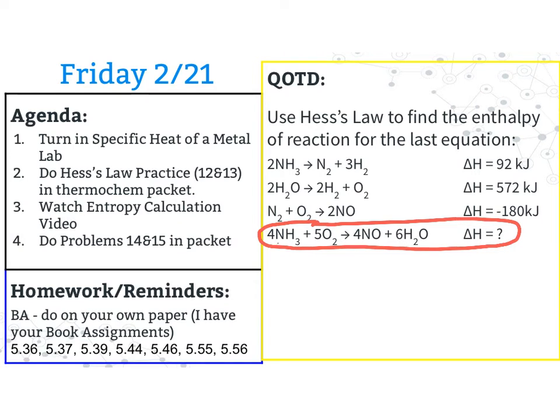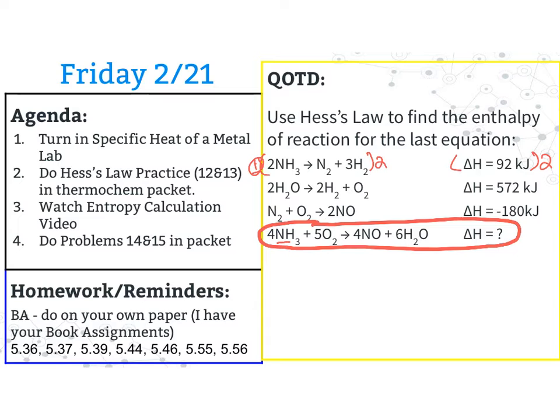So here I see my first thing is NH3. And when I look up, NH3 is in equation 1 here. But there's only 2 of them and I need 4. So I'm going to double this whole equation, which also doubles my delta H. And then I'm going to bring it down.